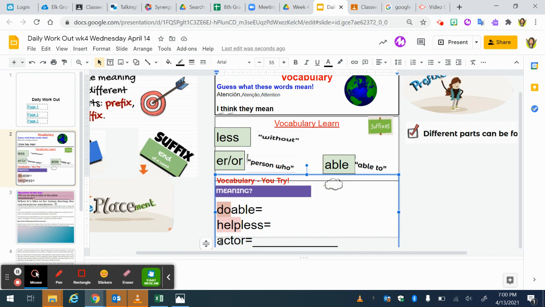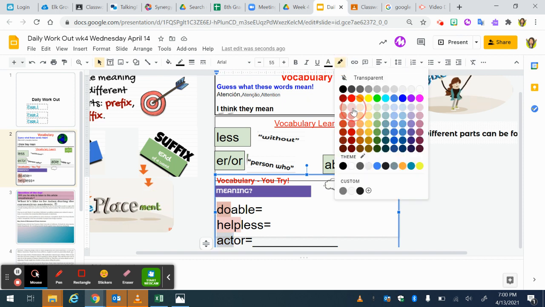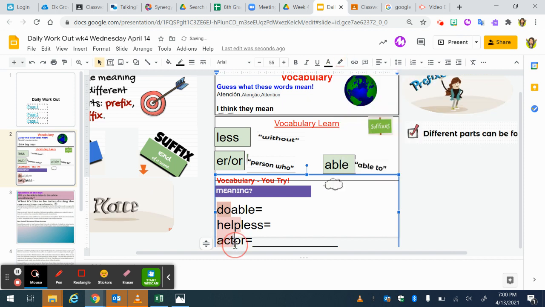Okay, next one. We have the base word act, and then we have OR. Remember, OR is a person who. So actor. So what do you think that is? We know what act means. What's an actor?